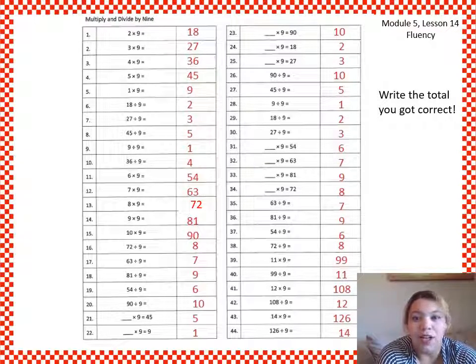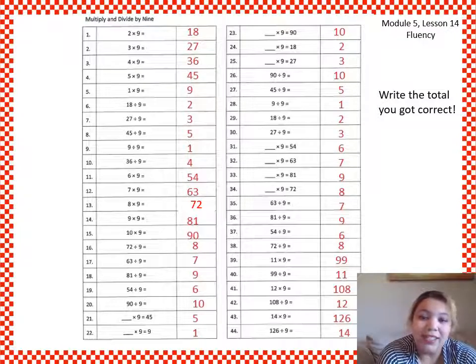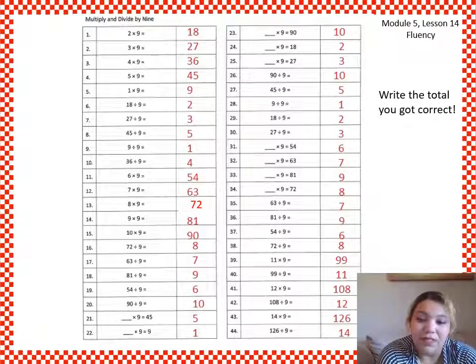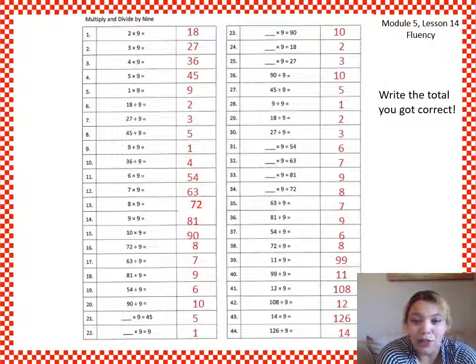Okay, starting at the next column: 10, 2, 3, 10, 5, 1, 2, 3, 6, 7, 9, 8, 7, 9, 6, 8, 99, 11, 108, 112, 126, and 14. All right, go ahead and count the number that you got correct by yourself.